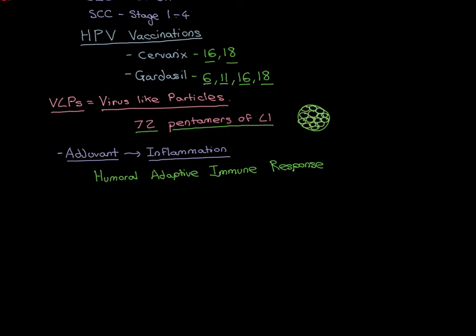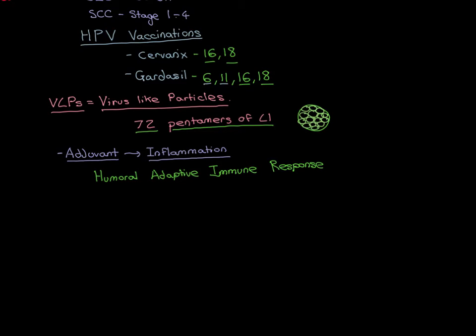And of course, you'll have different B cells for the different L1 proteins. So for each of the different types of HPV VLPs that you put into your vaccine, you'll have a separate humoral adaptive immune response being initiated. So we'll just talk about one humoral adaptive immune response for one of these.